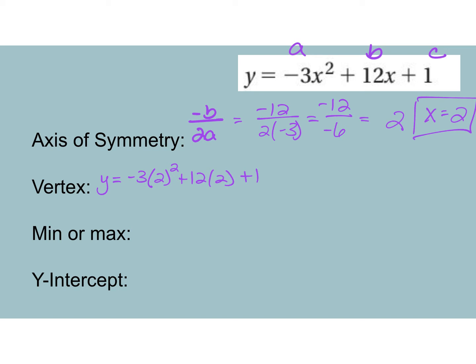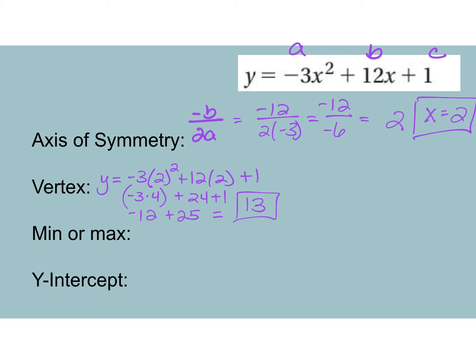Of course, you could throw this all into a calculator. This will be negative 3 times 4 plus, I'm going to put that in parentheses so I don't forget that, plus 24 plus 1. So negative 12 plus 25 equals 13. So it means the y value is 13.